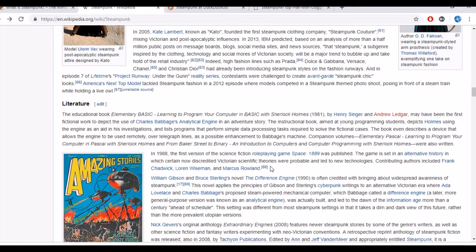So William Gibson and Bruce Sterling's novel The Difference Engine is often credited with bringing about widespread awareness of steampunk. This novel applies the principles of Gibson and Sterling's cyberpunk writings to an alternative Victorian era where Ada Lovelace and Charles Babbage's proposed steam-powered mechanical computer, which Babbage calls a difference engine, was actually built and led to the dawn of the information age more than a century ahead of schedule. This sounds awesome, doesn't it?